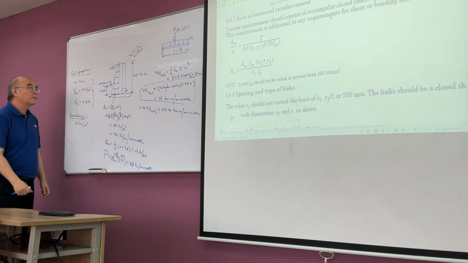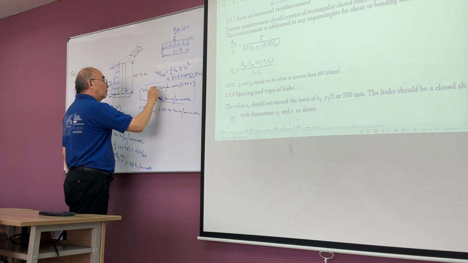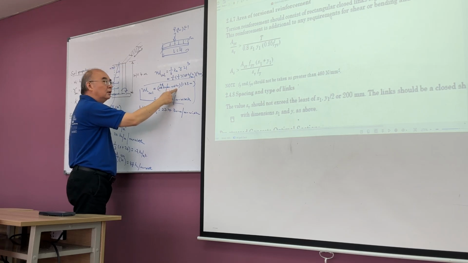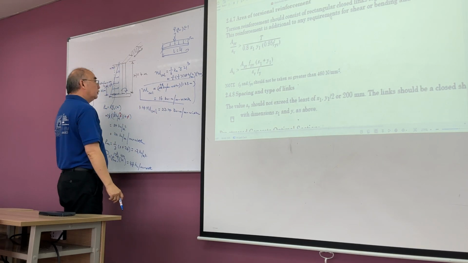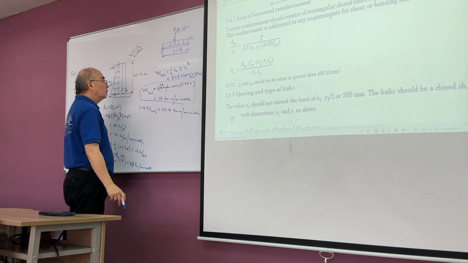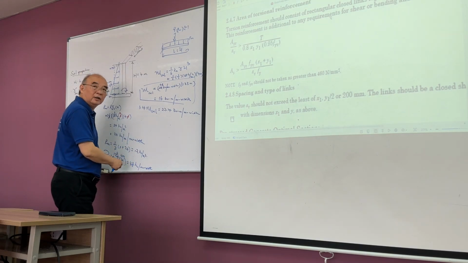Understand? Okay, so this should be 48 kilonewton per meter width, right? And this is 1.33. 1.33 is 60. So 64, right? Correct?